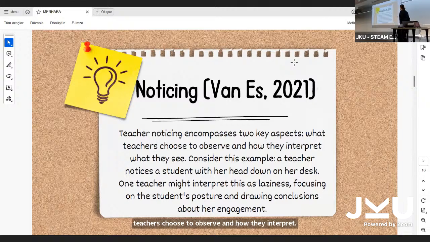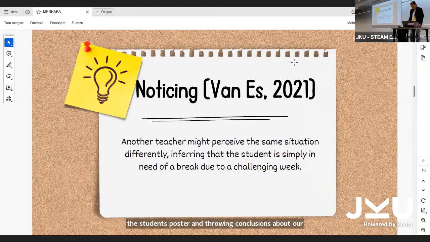Consider this example. A teacher notices a student with her head down on her desk. One teacher might interpret this as laziness, focusing on the student's posture and drawing conclusions about her engagement. Another teacher might perceive the same situation differently, inferring that the student simply needs a break.